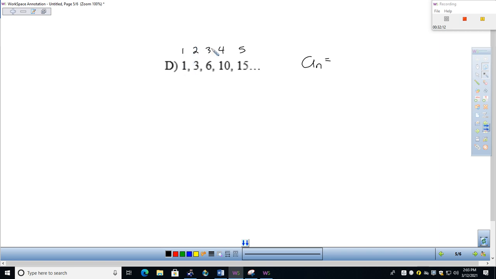The 2 and the 3 together somehow make that. The 3 and the 4 together somehow make the 6. The 4 and the 5 together somehow make the 10. And the 5 and the 6 together would somehow make the 15. So pause the video for a minute. Come on back when you want the answer, and I'll give it to you.